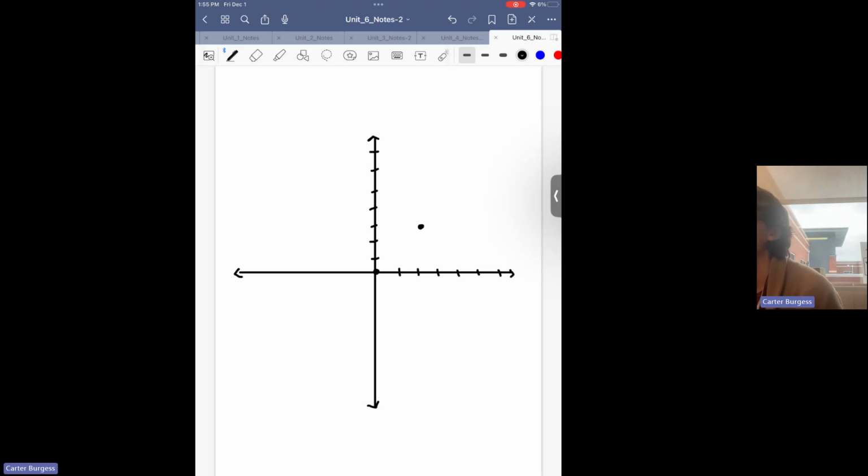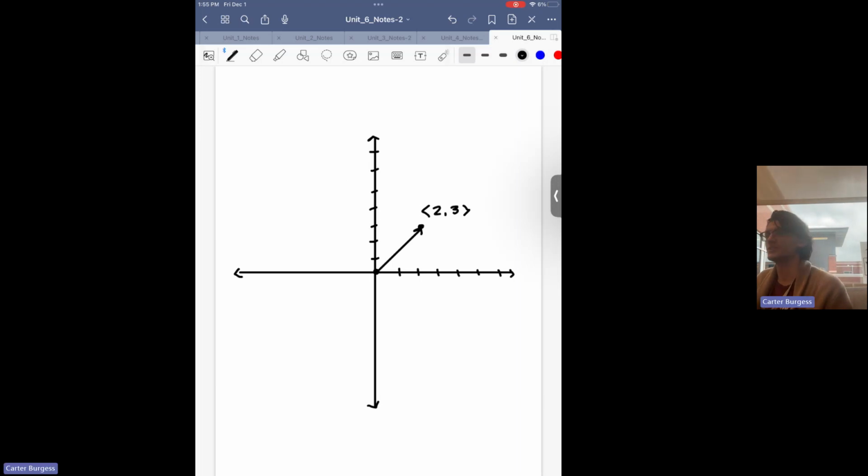What we are looking at is a vector that moves 2 to the right and then 3 up. The way we are going to denote this vector is pretty similar to how we write the point 2, 3. Slightly different though. Instead of parentheses, we use these little pointy arrow-esque brackets, ⟨2, 3⟩.